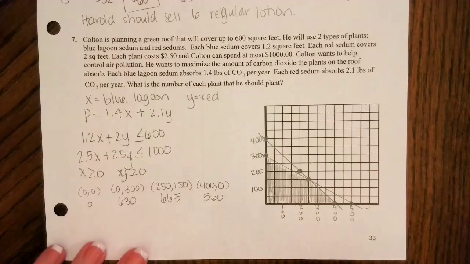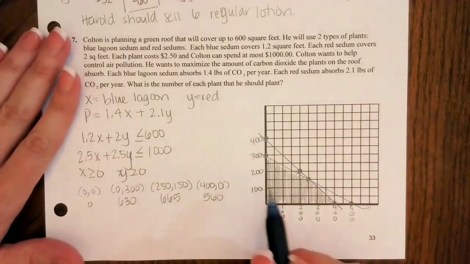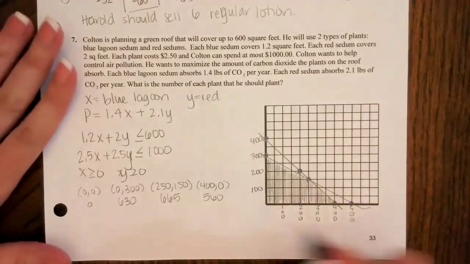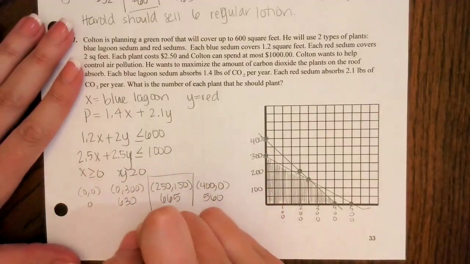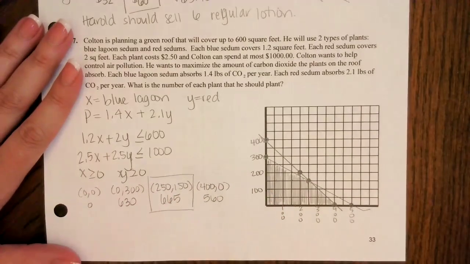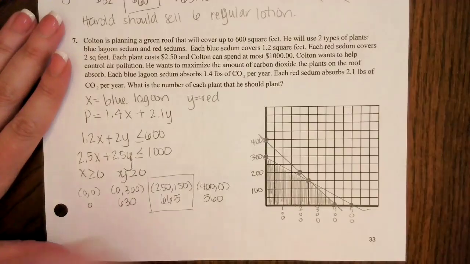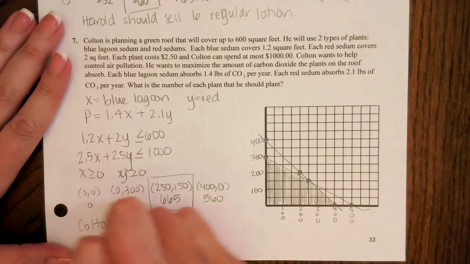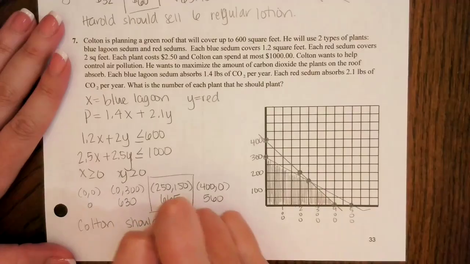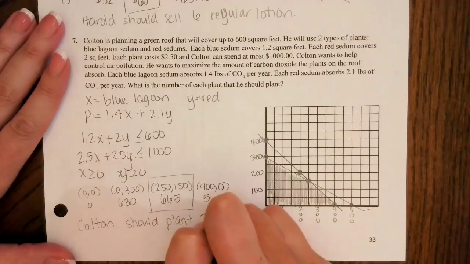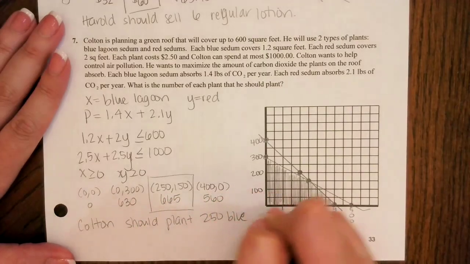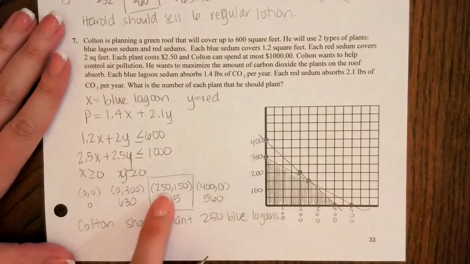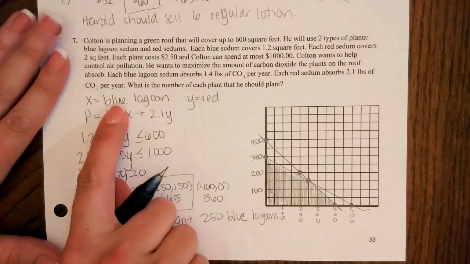So we can now look for our biggest value. These are all whole numbers, so they're all reasonable. This right here is giving me my maximum carbon dioxide absorption. So Colton should plant 250 blue lagoons because that's my x value and that's what we defined our x value as.